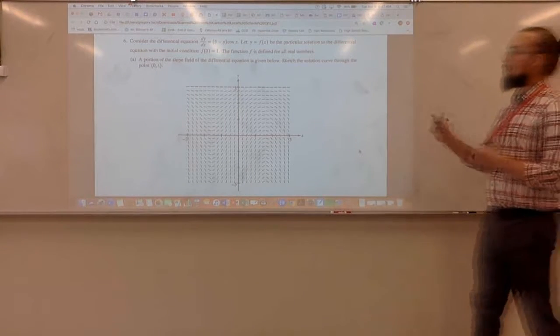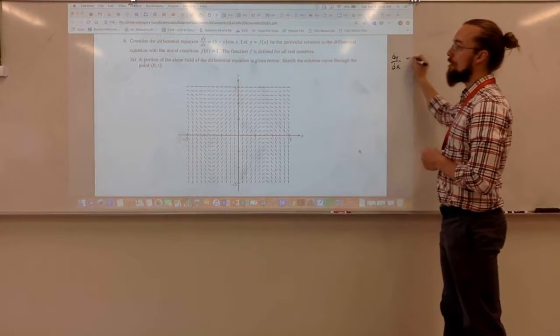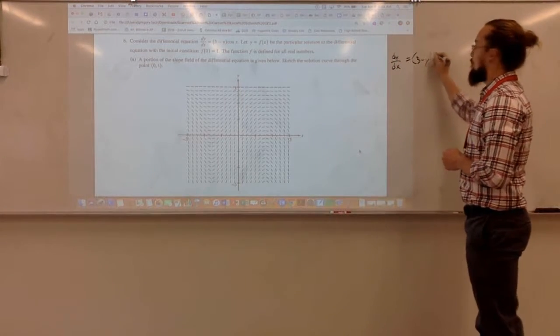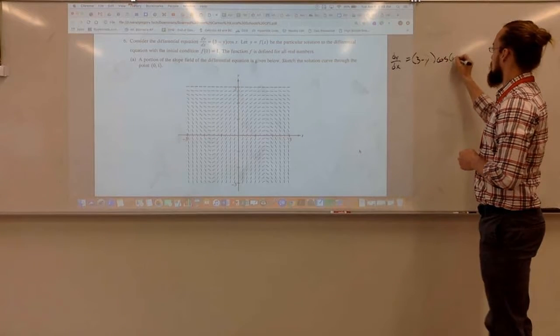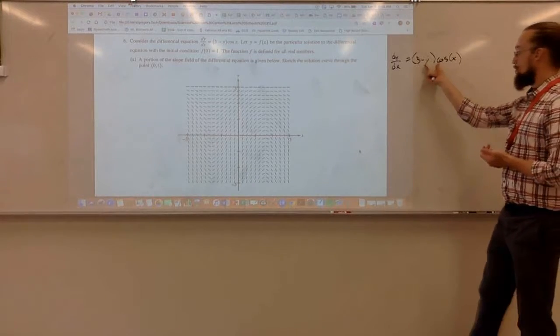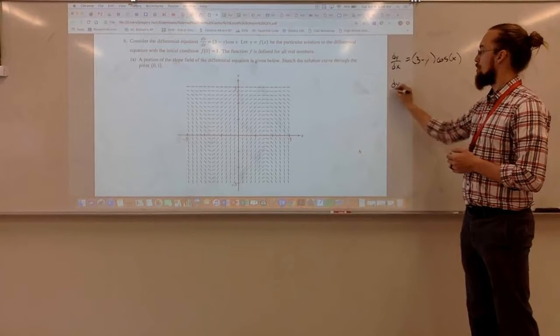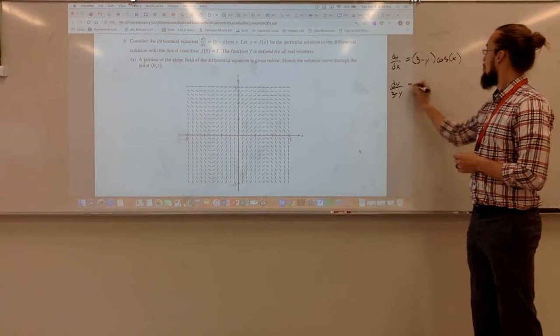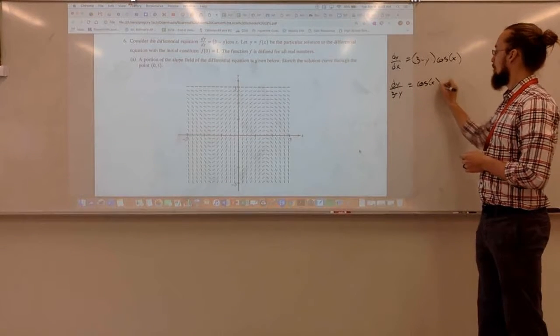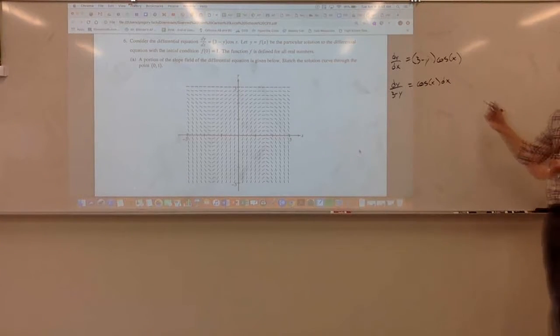Okay. So our original problem is dy dx equals 3 minus y times cosine of x. So we need to separate our variables. So I would divide by 3 minus y, multiply by dx. So dy over 3 minus y equals cosine of x dx. Take the antiderivative of both sides.